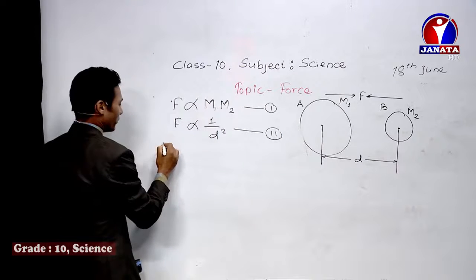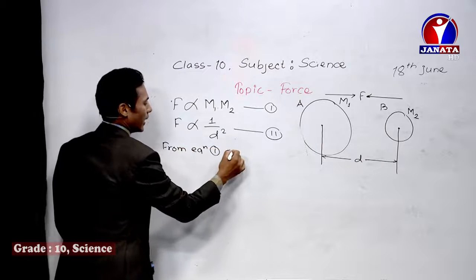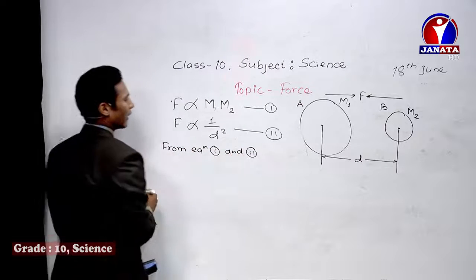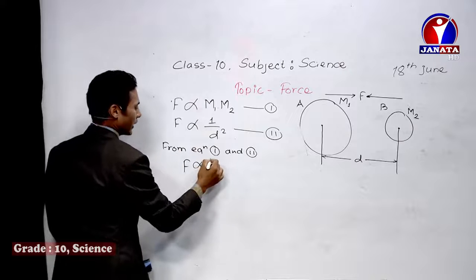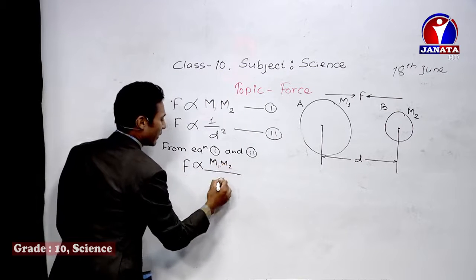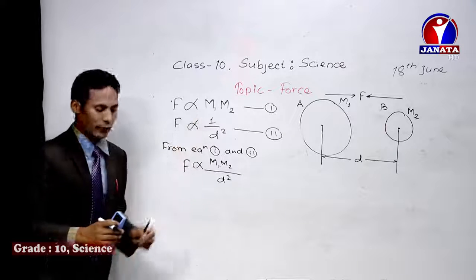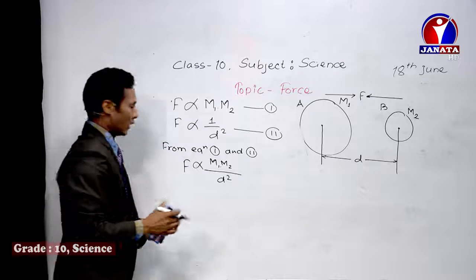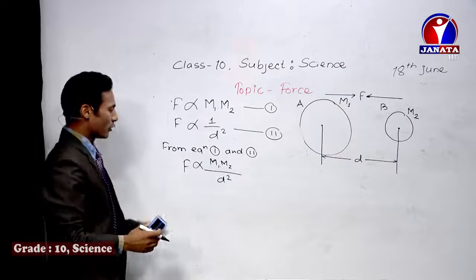Okay, from equation 1 and 2, what we will get is F is proportional to m1 m2 divided by d square. So this is the combination of equation 1 and equation 2. Now the proportional sign is there. For numerical problem solving, we cannot use this proportional sign.